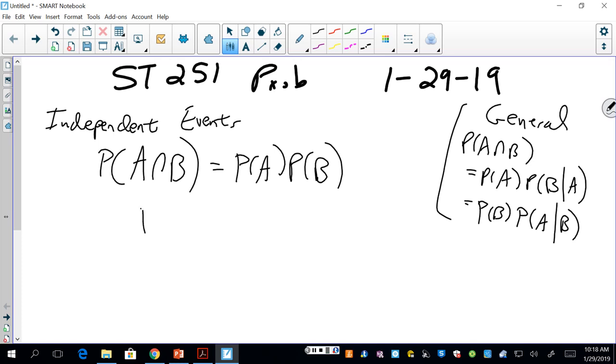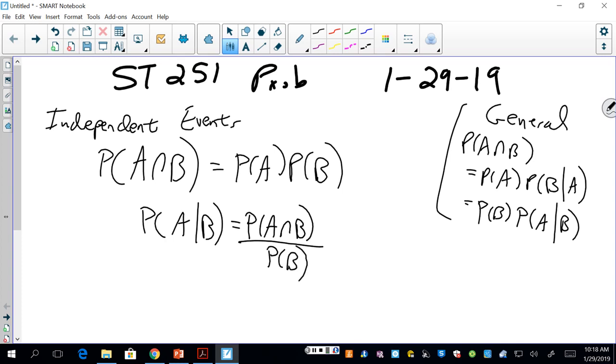So the probability of A given that B has happened, generally we write this as the probability of A intersection B over the probability of the thing we're conditioning on, or the thing that we're given.